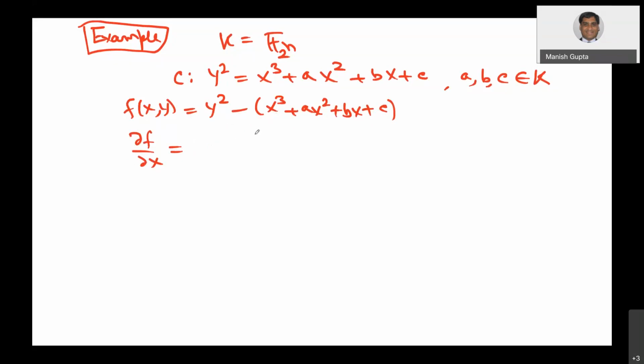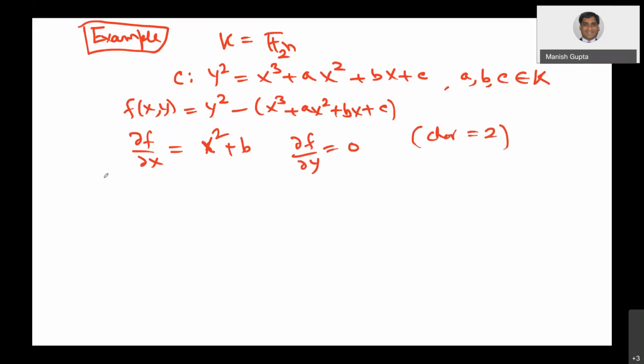So we are left with x square plus b when we differentiate. Similarly, when we differentiate with respect to y, this will be 2y, and 2 is 0 modulo 2. So this is 0. This portion is 0 anyway. So the whole thing is 0. Why? Because the characteristic of the field is 2.